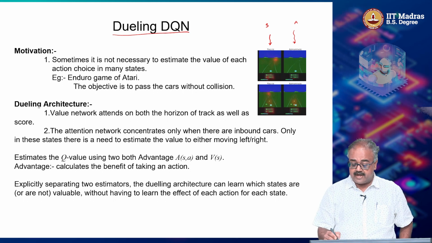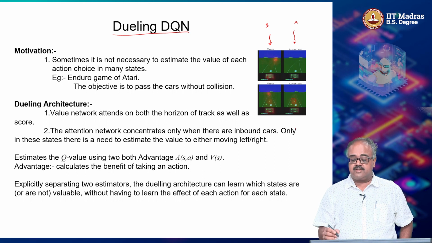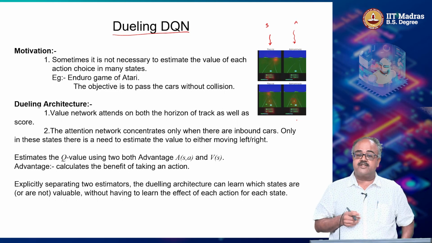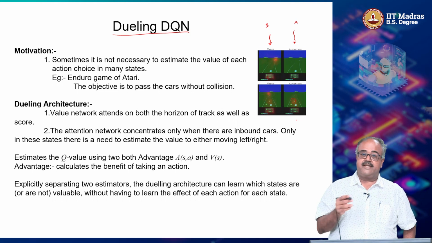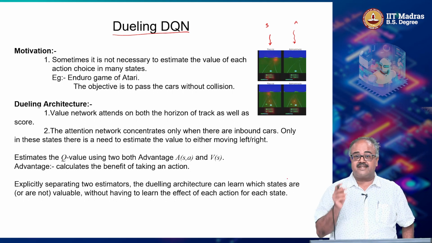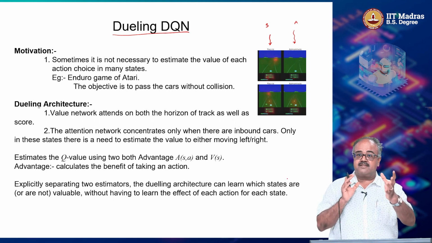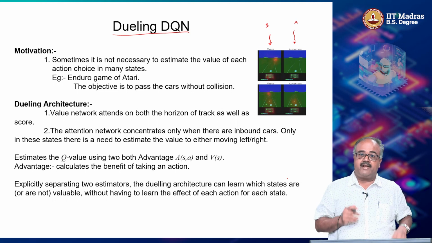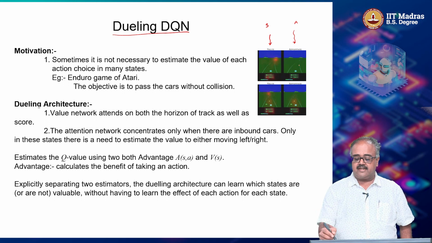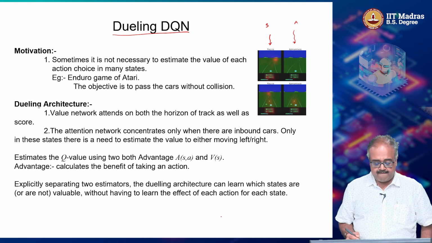But the action network is actually paying attention to vehicles now, because it's important for it to know what the vehicles nearby are so that it can make distinctions between the different actions, the steering actions, accelerate and so on and so forth, right. So that's basically the difference. So even if I'm setting this up to learn the value of the state and the value of the actions, you can see that the action network doesn't really know what to learn here, right.